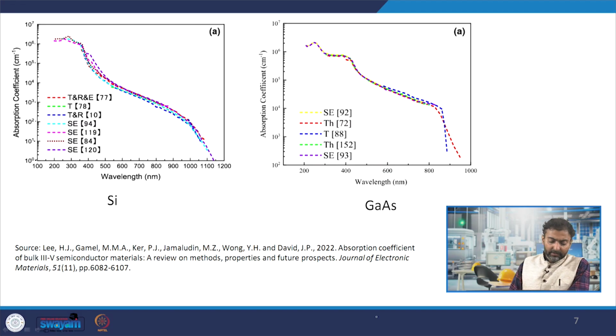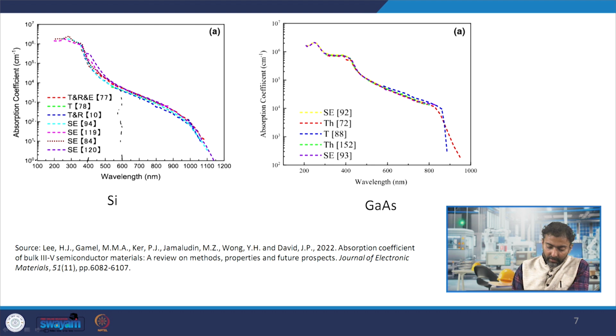Now, the interesting thing is that the absorption coefficient for smaller wavelengths, in the ultraviolet region, is very high. In the silicon solar cell, in the ultraviolet region, the absorption coefficient is of the order of 1 million per centimeter. If you go to the visible region at around 400 nanometer, this value comes down to around 10 to power 5. At 600 nanometer, where the radiation intensity peaks on the earth's surface, this value is around 4000 per centimeter.